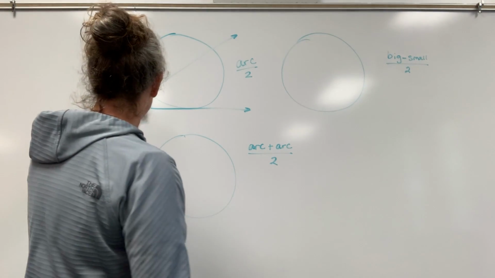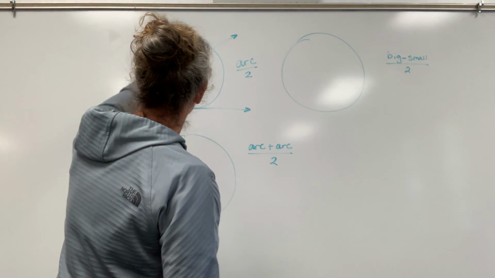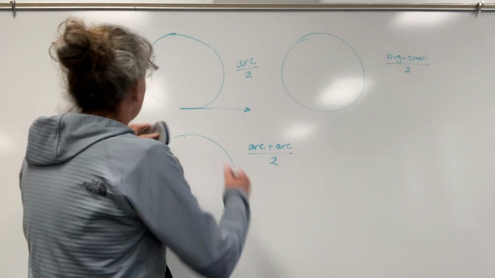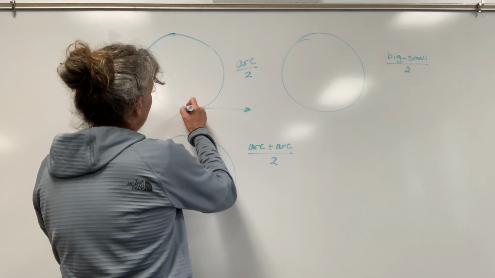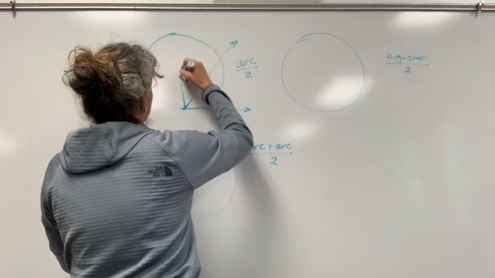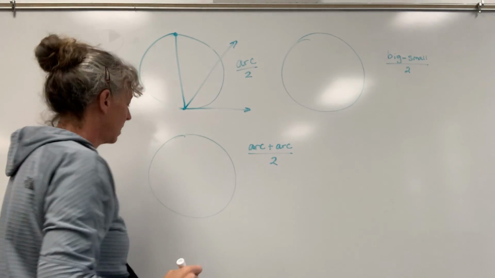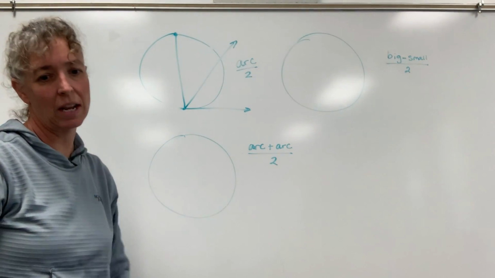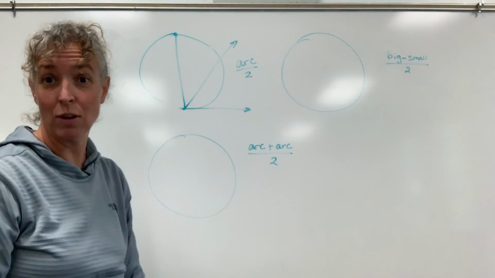Actually I should have drawn this a little differently to match their picture better. A tangent could start right here, with a secant or a chord, like that. That's a better picture for example 1.